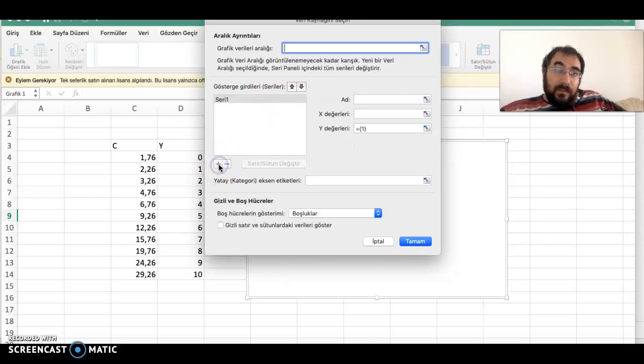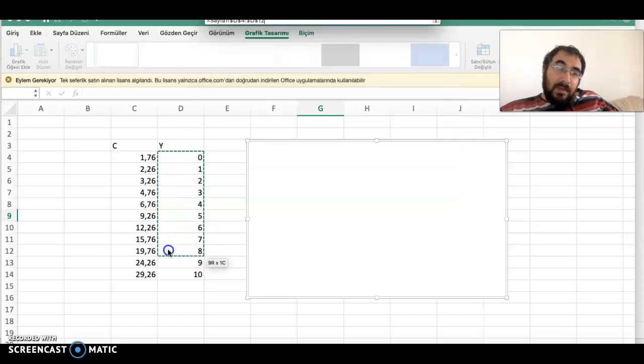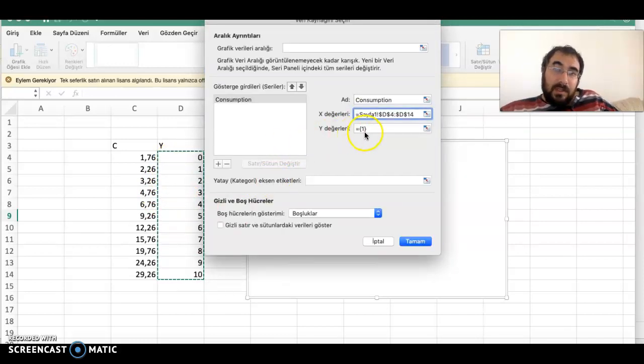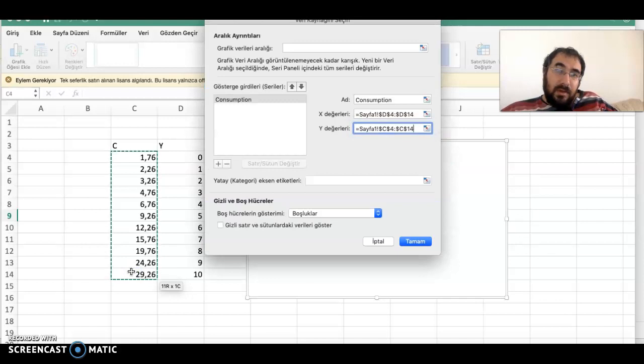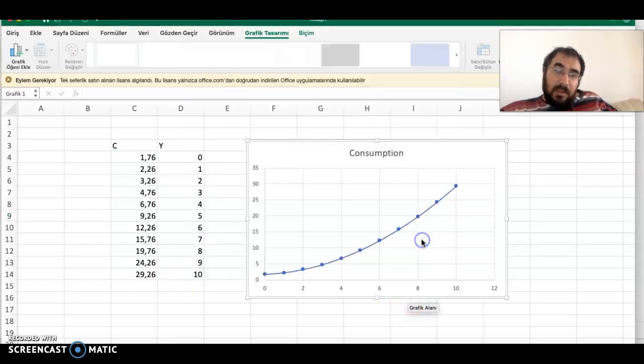Name is consumption. X values are the Y values. We see how consumption is affected by the GDP. Y values are the consumption values. And I think this should be it.